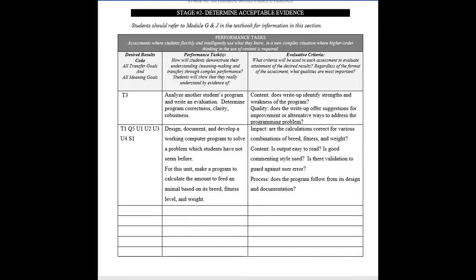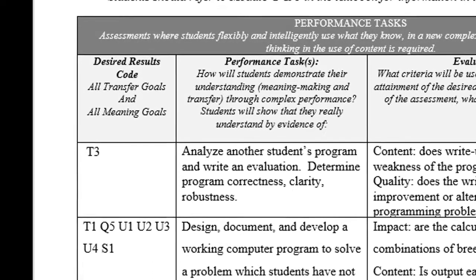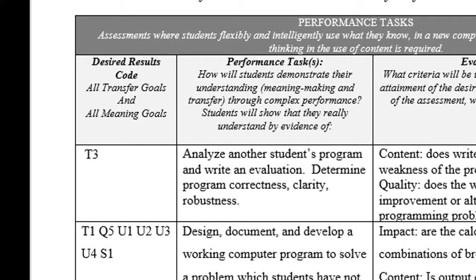The first one, analyze another student's program and write an evaluation. Determine program correctness, clarity, robustness. This is a very general description of a task. There's no specific goal, there's no specific right answer. It's more of, can you understand what somebody else made and can you describe it?